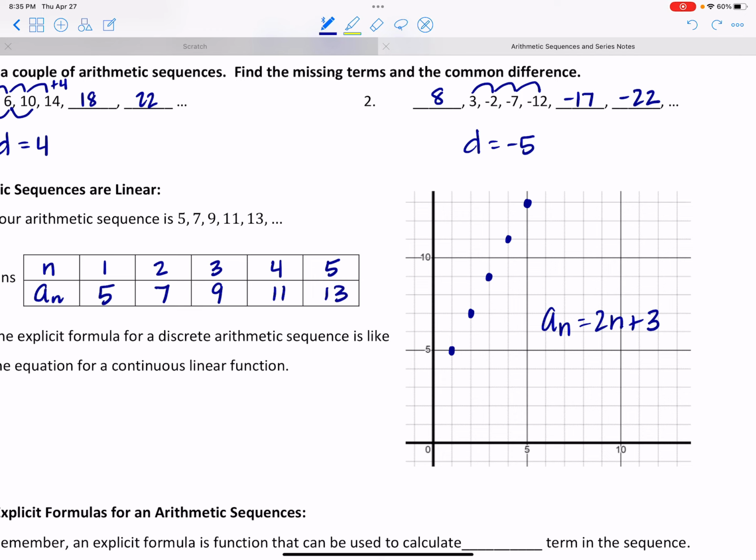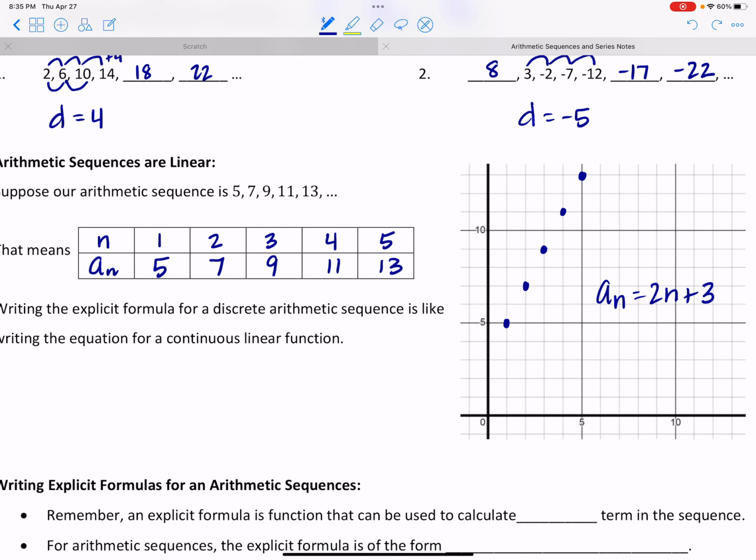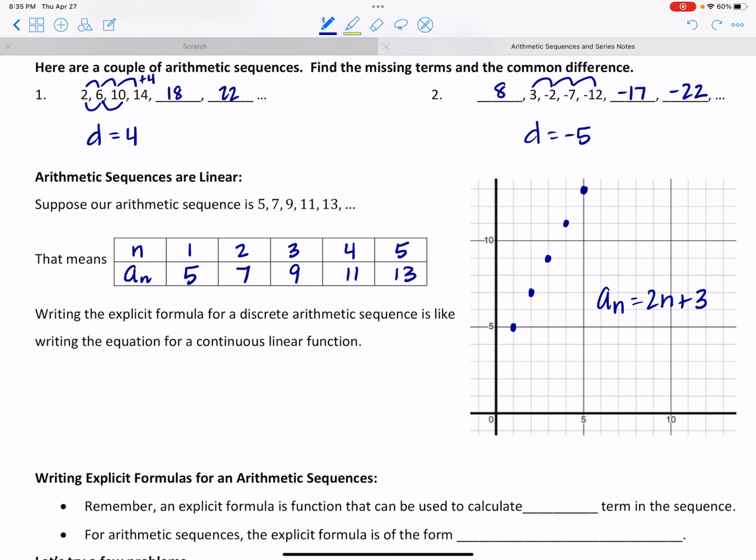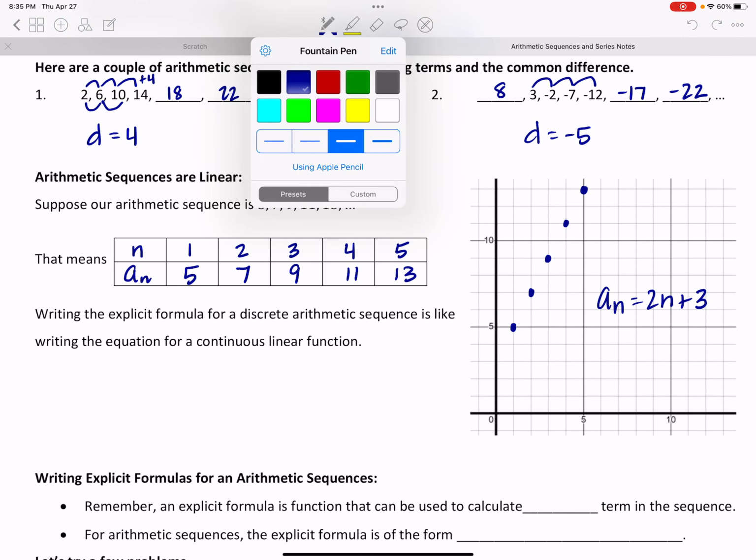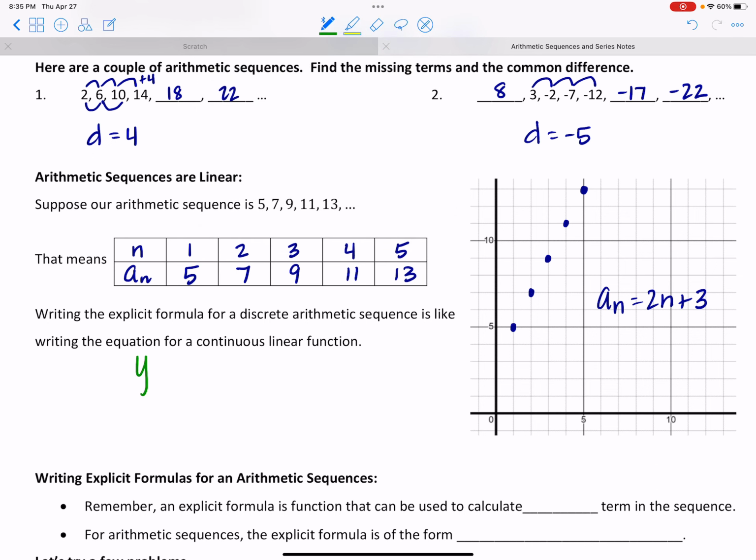Okay, we just have to be able to get that whether we are looking at a continuous line or this discrete list of points. So we need to be able to write this explicit function. Now, we just saw it come from y equals mx plus b, but we use different notation here, so let's try to make the connections, all right? When we are writing a y equals mx plus b equation, which is what we're doing here to write an explicit formula, we don't use y.